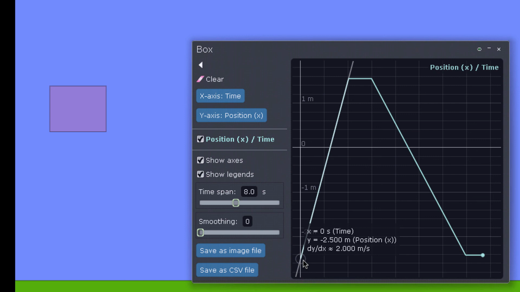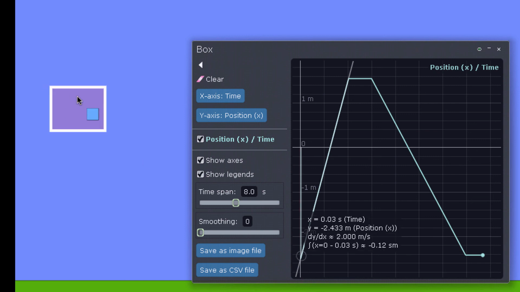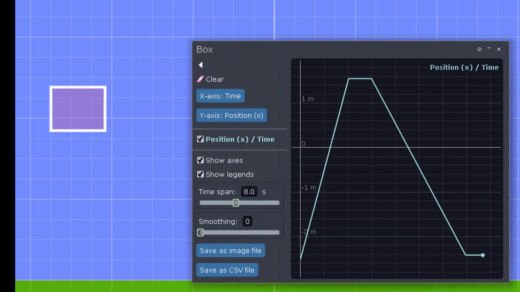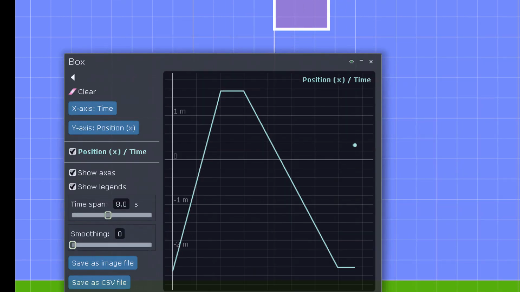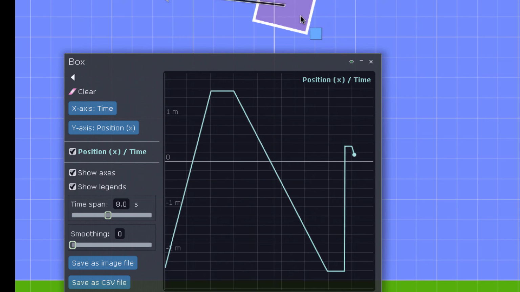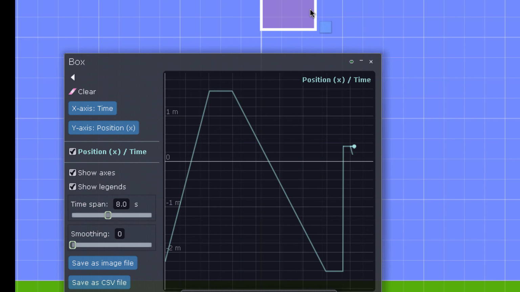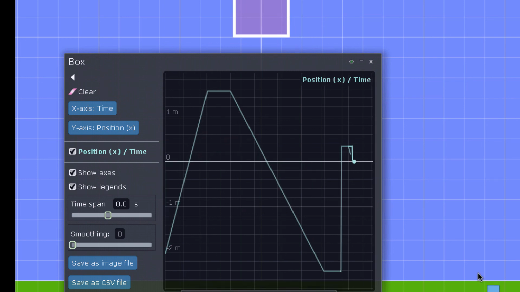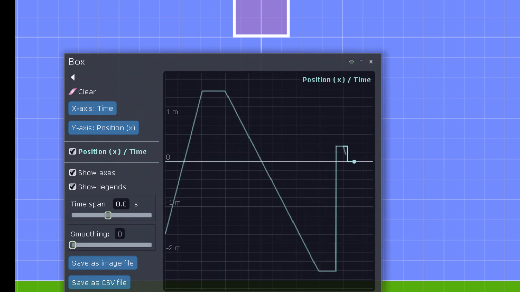Why is that? Well, that's because I did not tell the simulation that wherever I just by happenstance decided to put that block is 0 meters. I could have done that, and then maybe if I had restarted it, it would think, no, apparently it does it by the center of the box. So I would have had to put the box right there, and then it would have agreed it started at 0 meters.